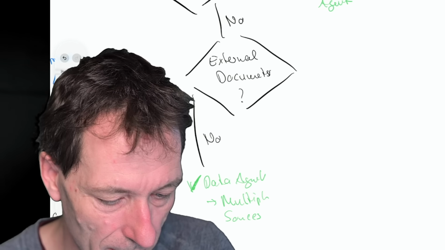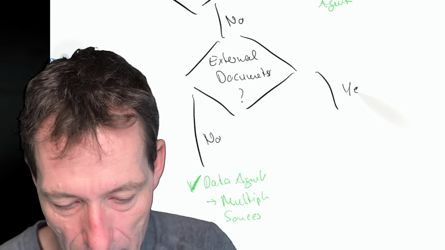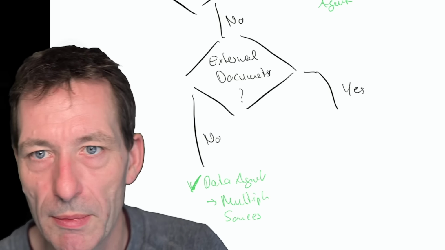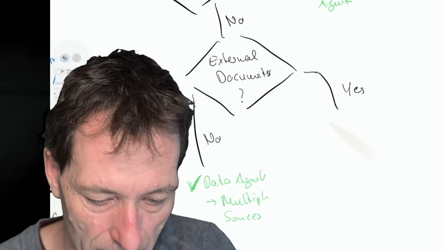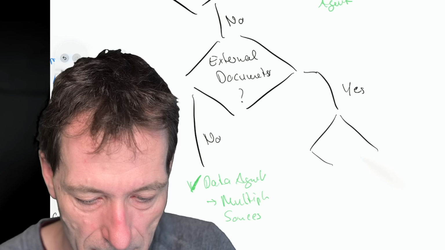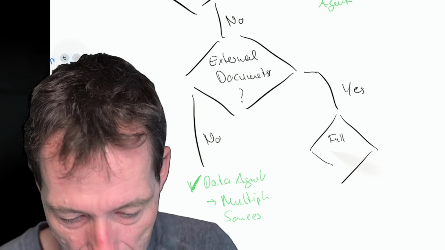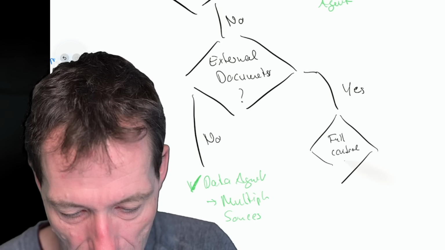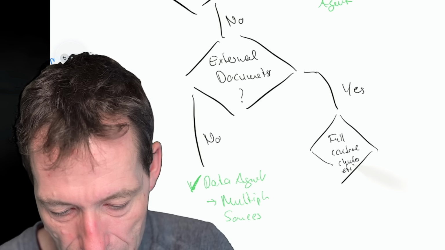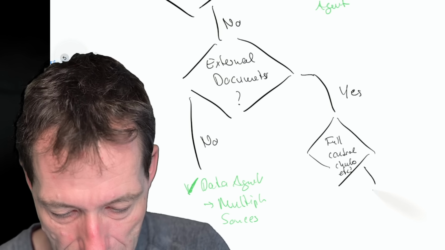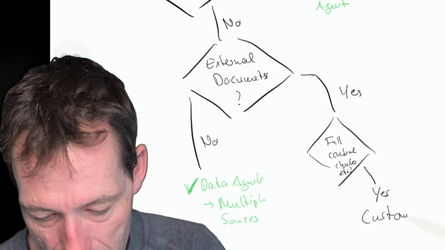When you say yes, I have external documents that are not in some way mirrored, shortcut, you name it, available inside of Fabric, then the next question is, do you need full control over chunks, etc.? When you say yes, then you are at custom RAG.